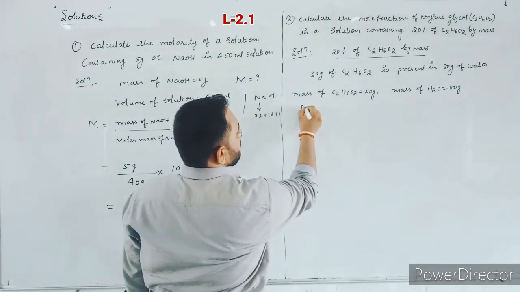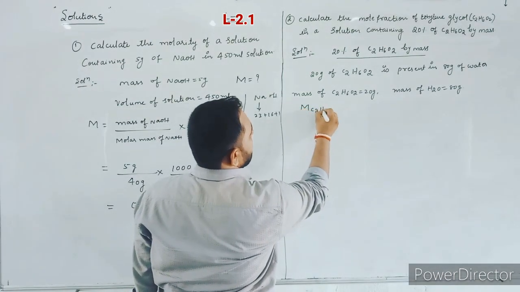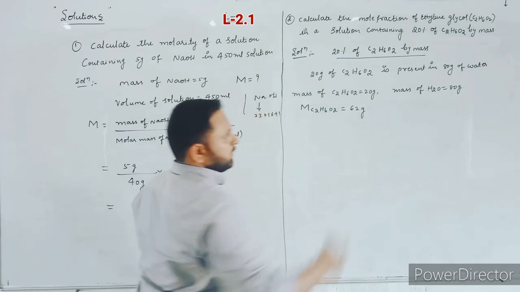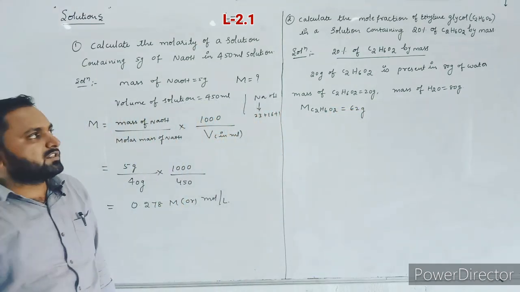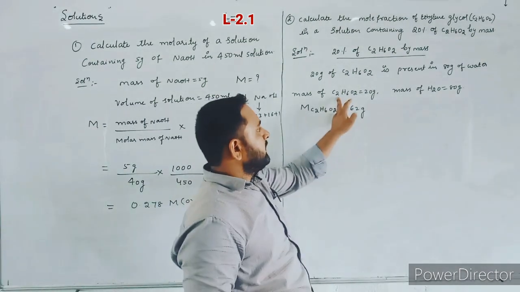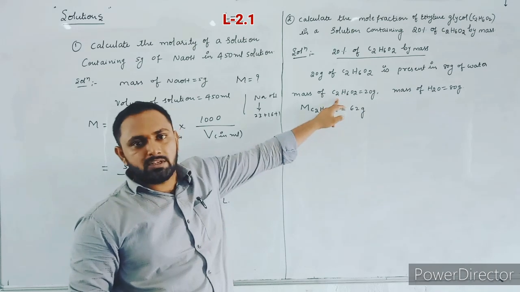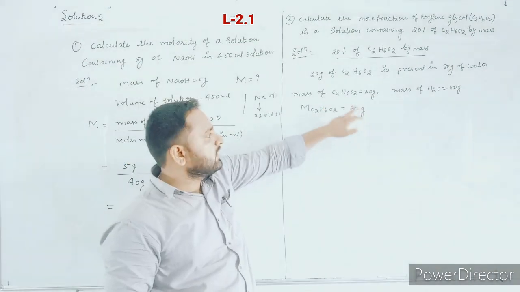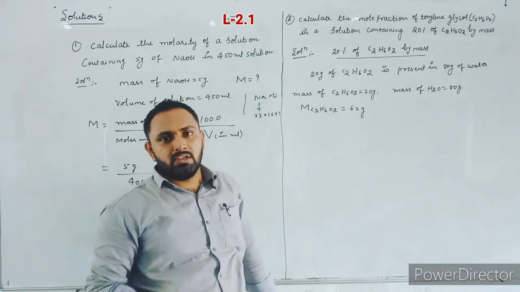Here I will write the molar mass of ethylene glycol is equal to 62 grams. Just add the atomic masses of all the elements present in ethylene glycol. Here there are two carbons. Two carbons means 12 plus 12, 24. 24 plus 6, 30. Here 30 plus oxygen is 2.